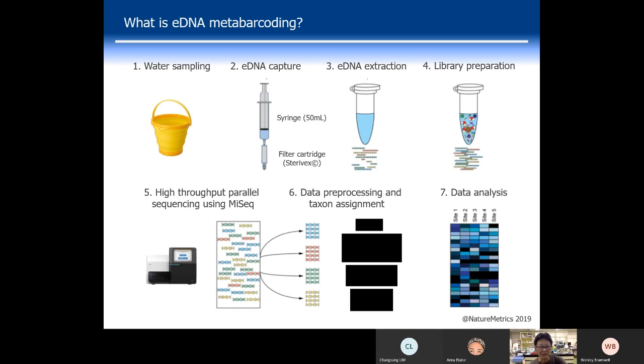The most important thing is library preparation, which means we amplify target DNA fragments, which we can analyze by the high throughput sequencing system, called next generation sequencing. We can analyze the data by computer, and finally we can obtain the taxonomic table.